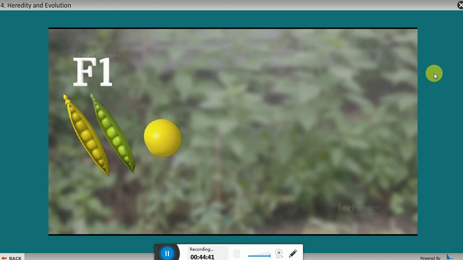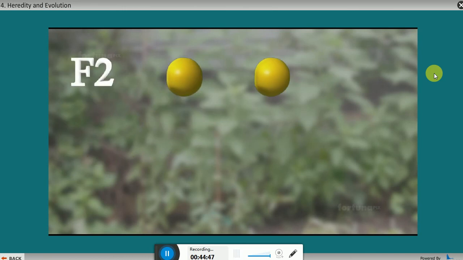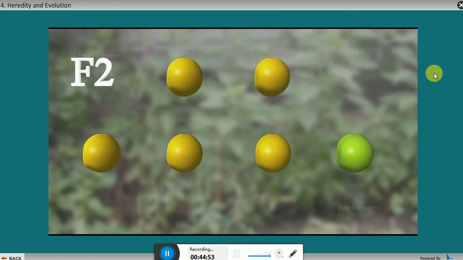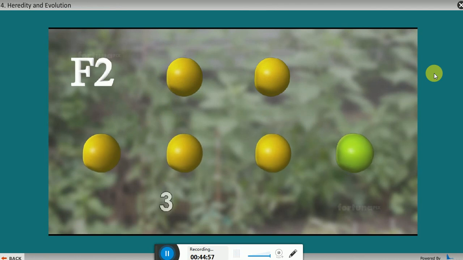Next, Mendel crossed the seeds from the F1 generation to produce the second filial or F2 generation. In the F2 generation, the plants with yellow seeds outnumbered green seed plants 3-1.